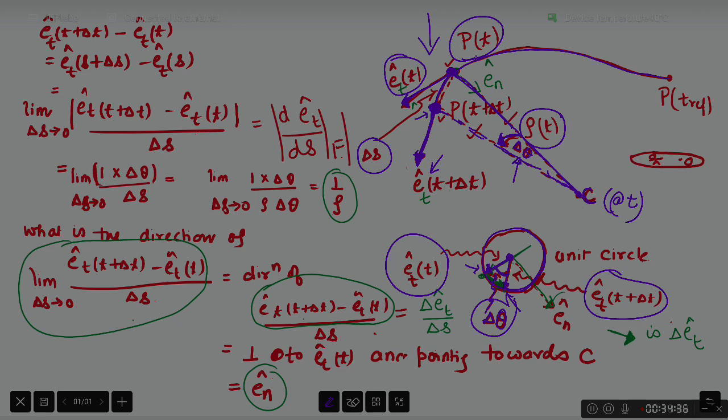Remember, both unit vectors have magnitude 1, and thus if their tails coincide, you can always draw a circle of unit radius such that the heads of the two vectors lie on that circle. That's what I'm showing here.